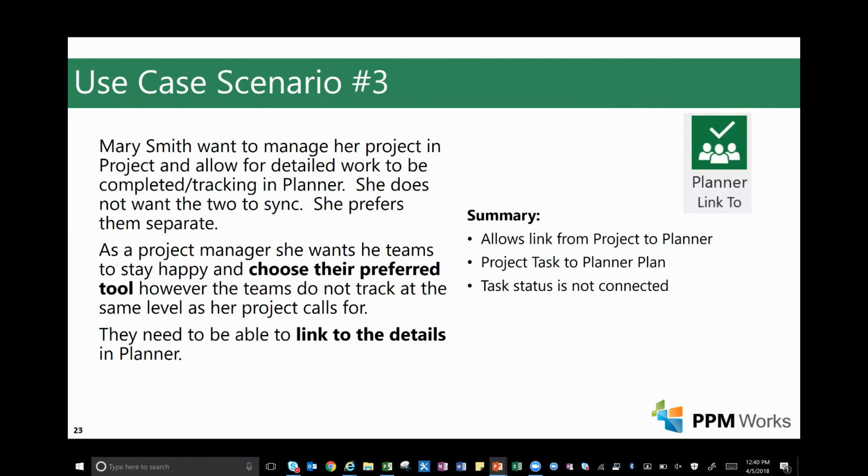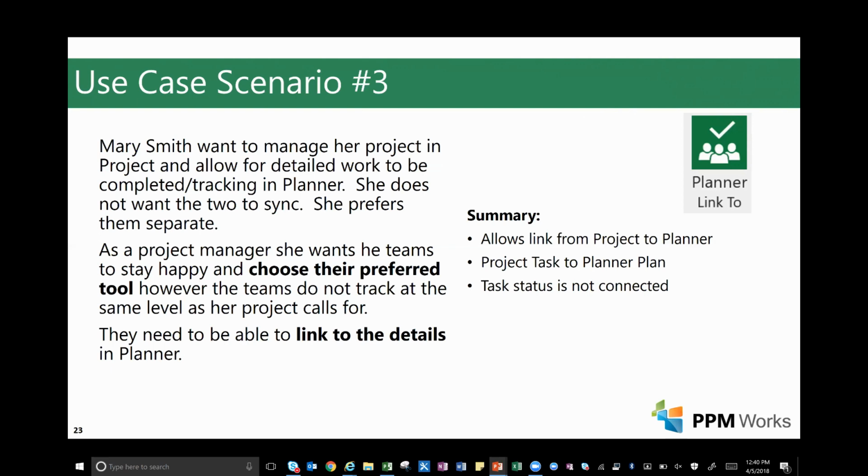But she wants to allow her team to choose the preferred tool, and her team's much more comfortable with Planner than they are with the more formal, more structured Microsoft Project. She needs to be able to track her schedule in Microsoft Project and Project Online, but she doesn't have to include all of the checklist details that some of the resources would like to have for some of those tasks.